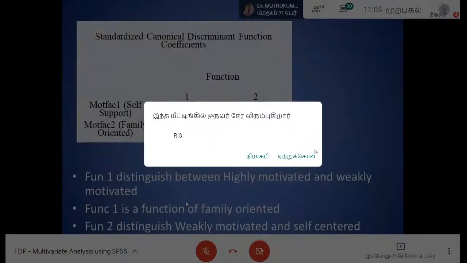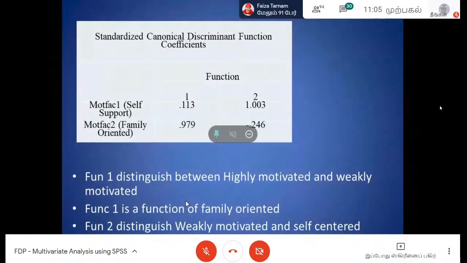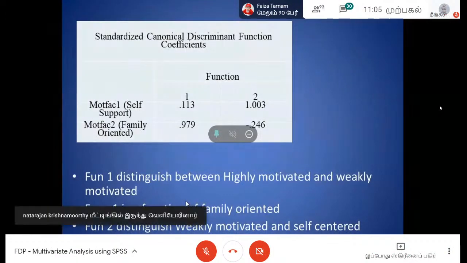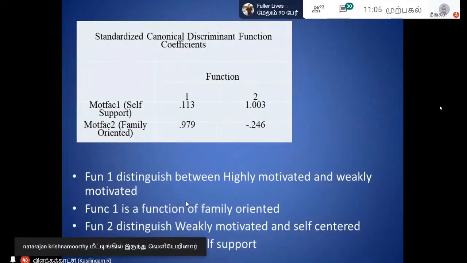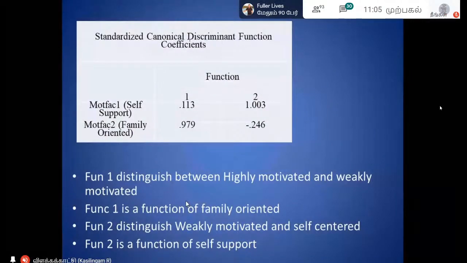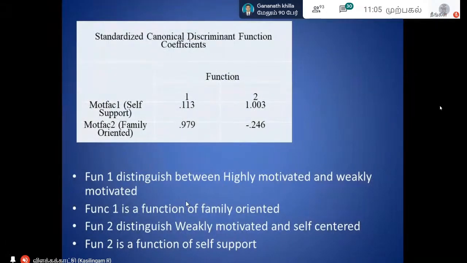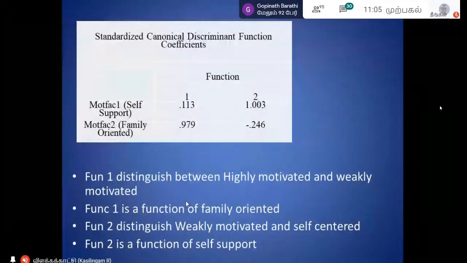Among the beta coefficients in the equation, whichever has the higher value has more influence. That is why I am using the standardized canonical discriminant function table. When you click that, the table will come: eigenvalue, standardized coefficients, structure matrix and centroids.